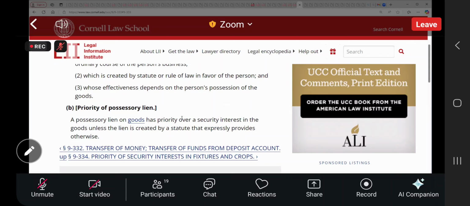So if you want priority over the security interest, then you want to look at the possessory lien. This is the code that you need to put on your UCCs. They're not teaching you this anywhere. The Code Breaker, Lord Ausar, we're bringing this information to you in 2025 so you can have it and move forward with your process.